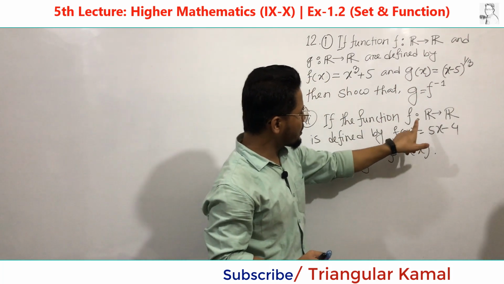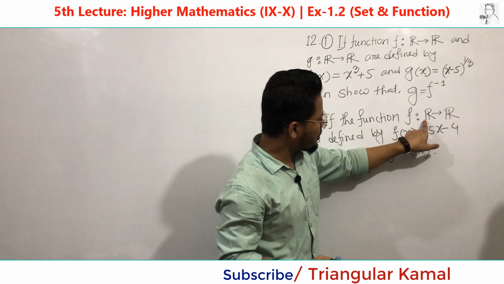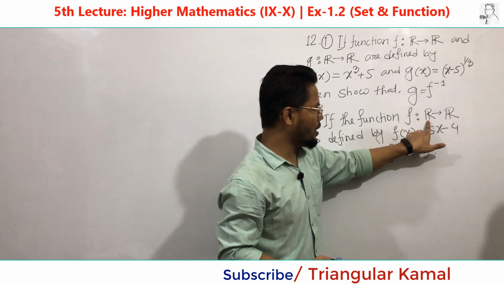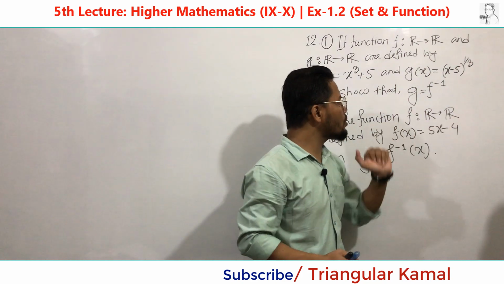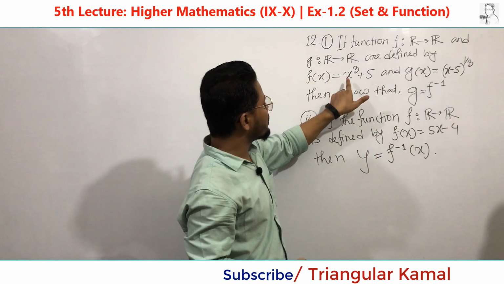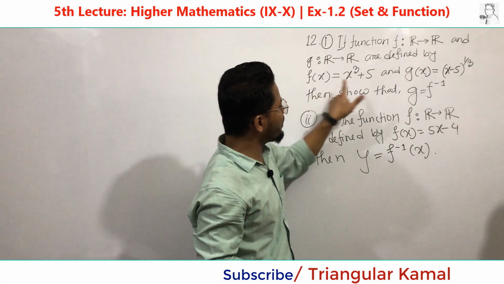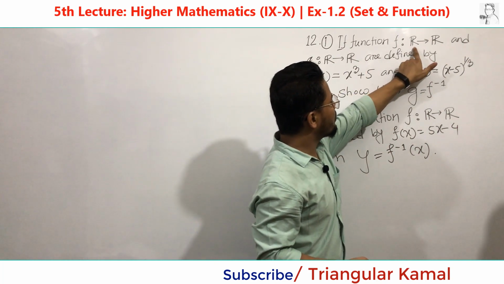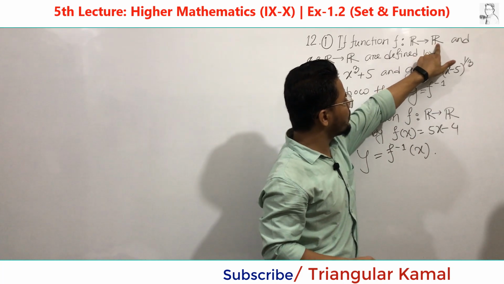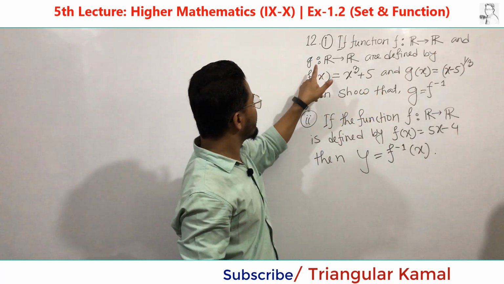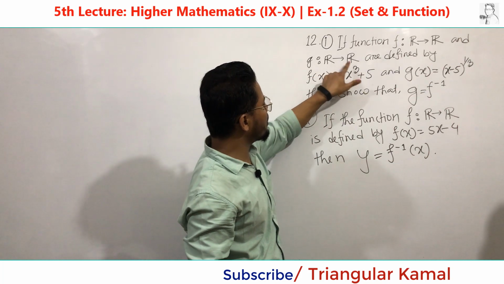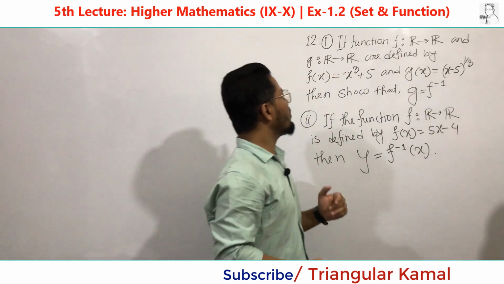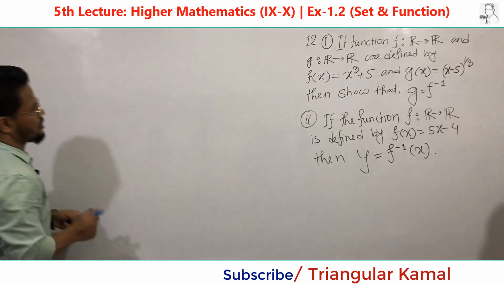The function f is open, which means the domain is the set of real numbers and the codomain is also the set of real numbers. Both functions f of x and g of x are open, because the domain and codomain are the same set of real numbers. Okay, give attention to question number 1 first.